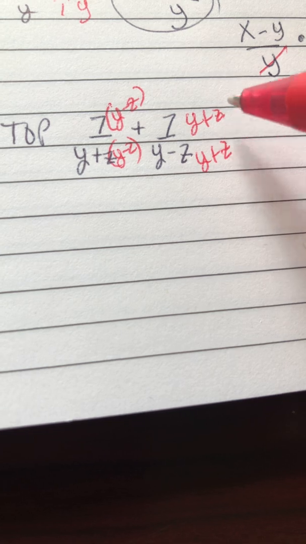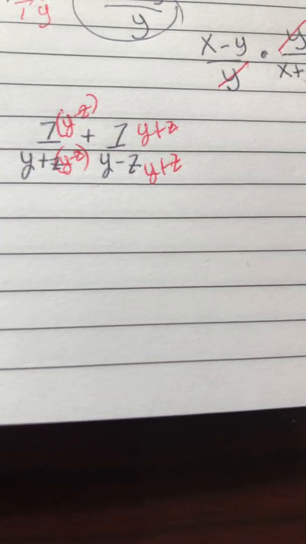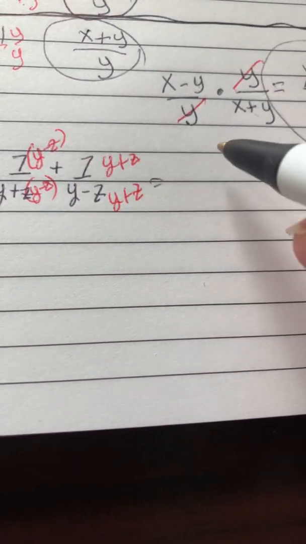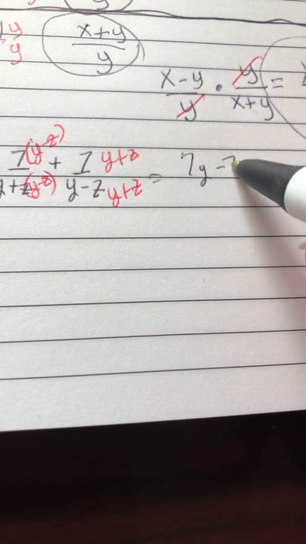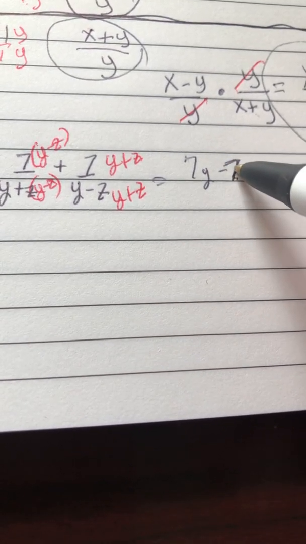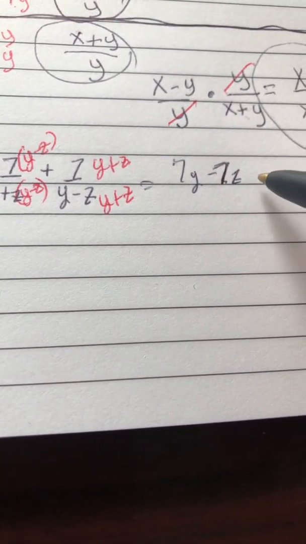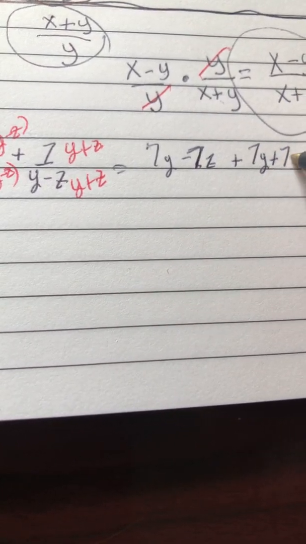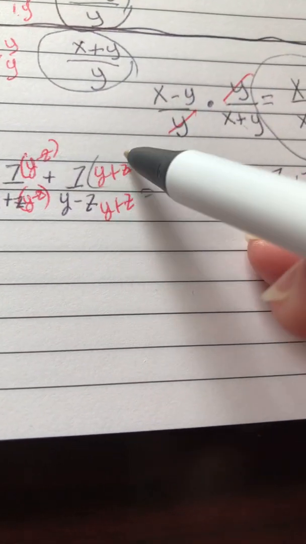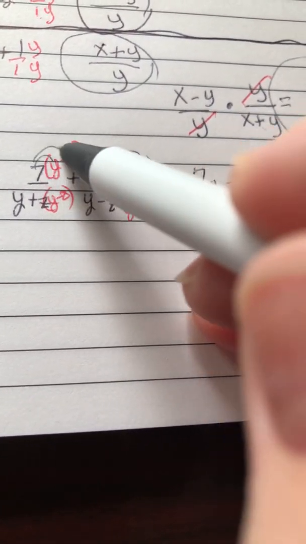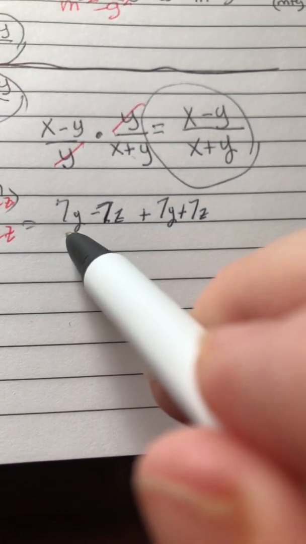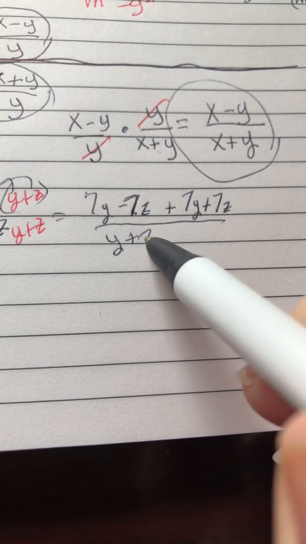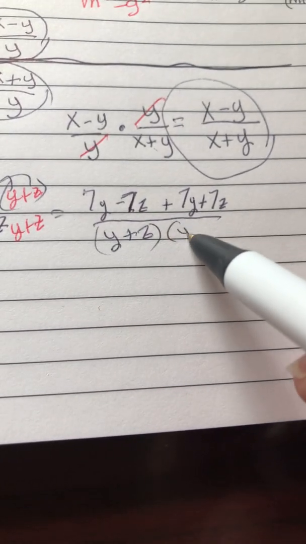And I like to put a little dash in my z's so I don't confuse them with a 2. So when you distribute on top, you get 7y minus 7z plus 7y plus 7z, because this is what I was doing here to get those. And the denominator is y plus z, y minus z.